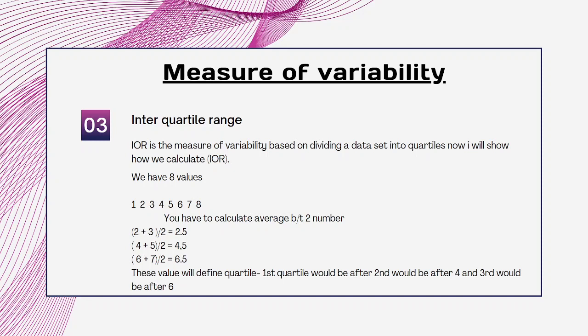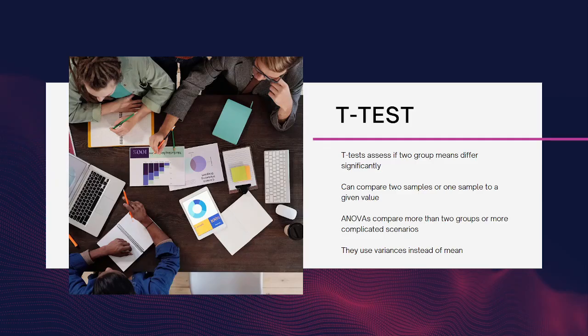We have to skip the first and the last value and then take the average of the two values. Then we convert it into the form of quartiles, and this value will define the quartile. The first quartile would come first, then the second quartile, and then the third quartile. This way you will calculate the entire interquartile range.